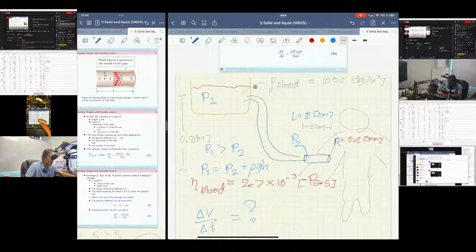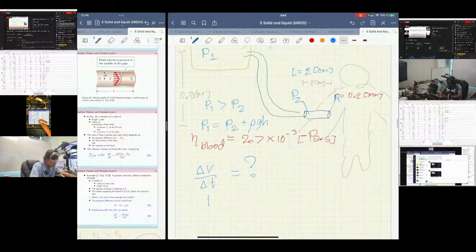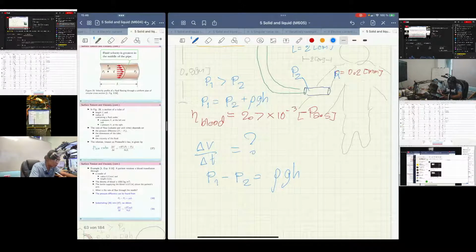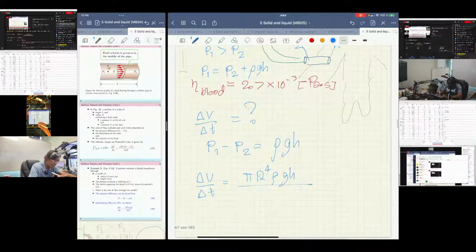So P1 minus P2 is equal to rho g h. We substitute that into the Poiseuille formula. Delta V by delta T will be pi r to the power of 4 times rho g h divided by 8 eta L.